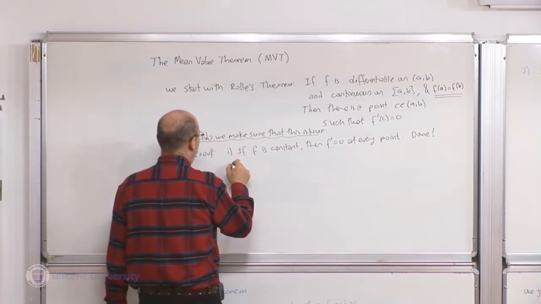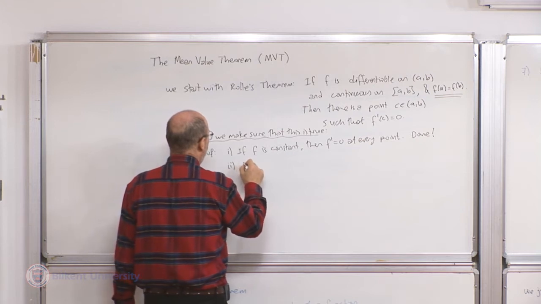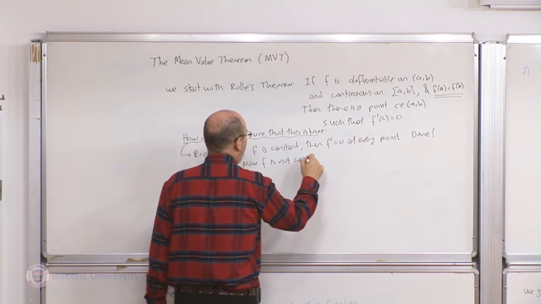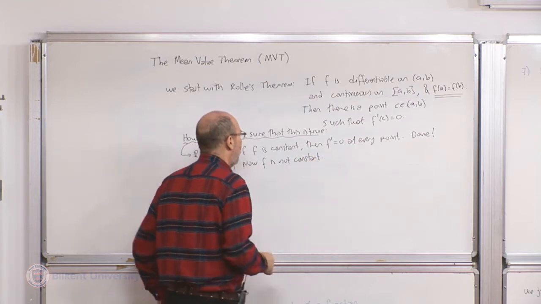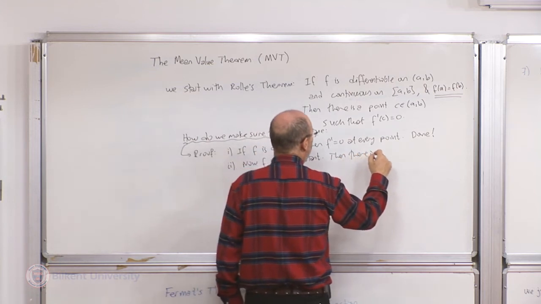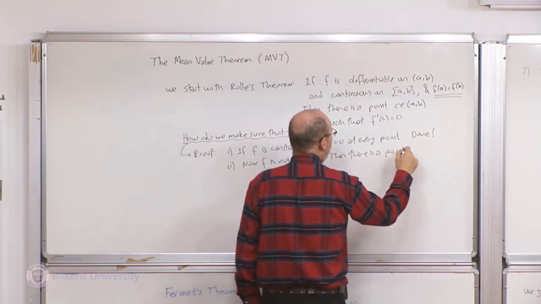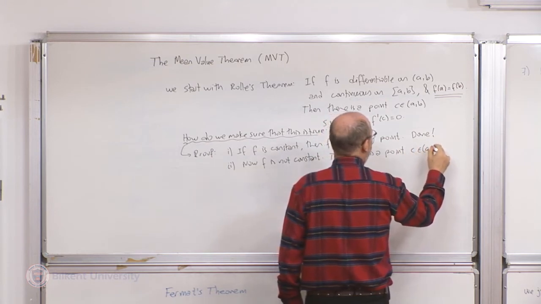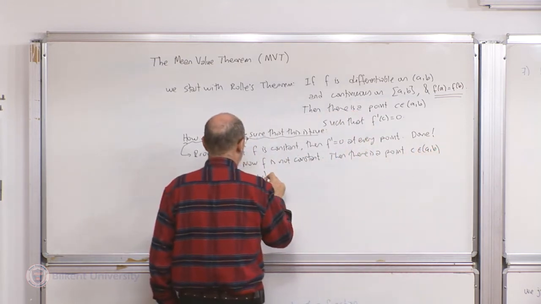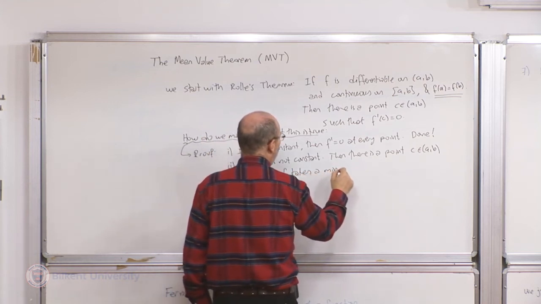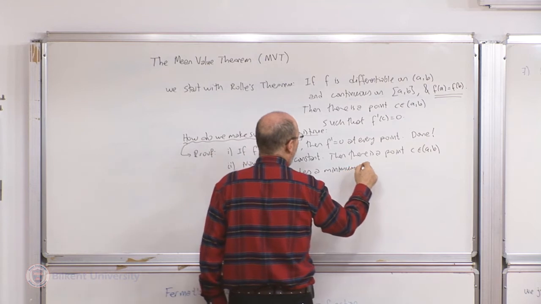Case 2: now f is not constant. Then there is a point c inside (a, b) where f takes a minimum or maximum.